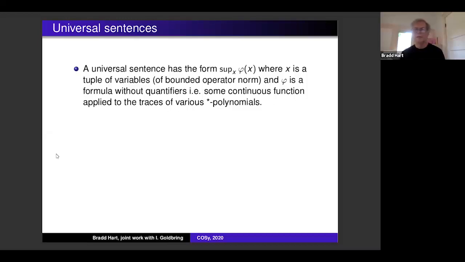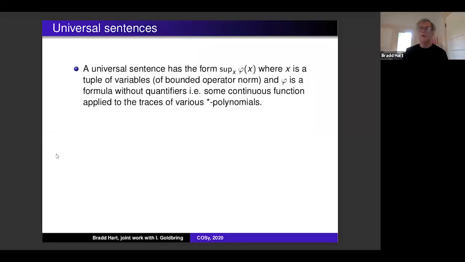So a sup sentence has the form sup over x of phi of x, where x is a tuple of variables. Remember, my variables come with bounded operator norm. And phi is just some formula with no quantifiers. That's a continuous function applied to the traces of some collection of star polynomials in the x variables. That's the form of a universal sentence.